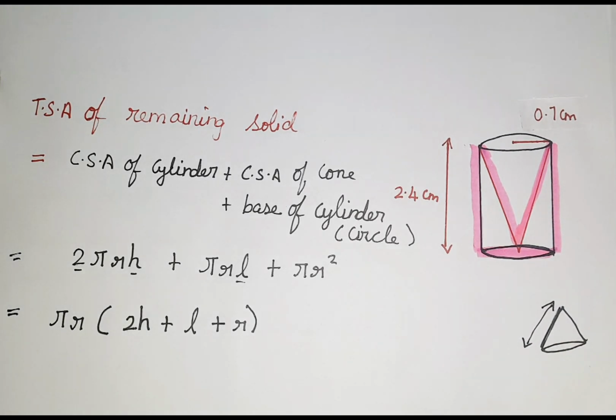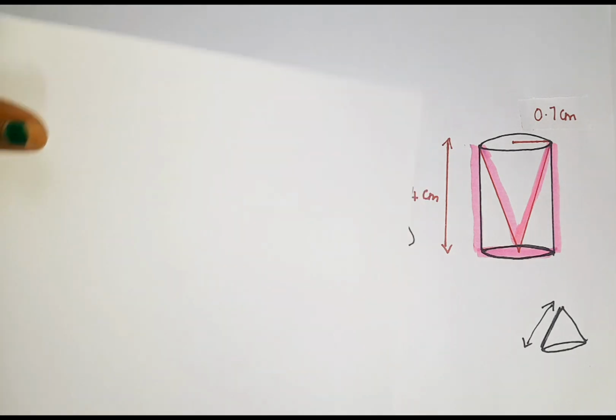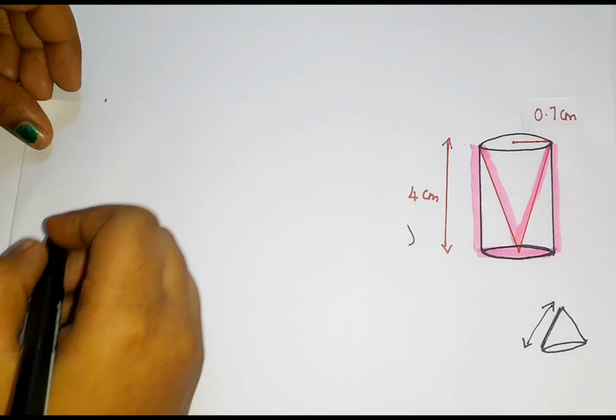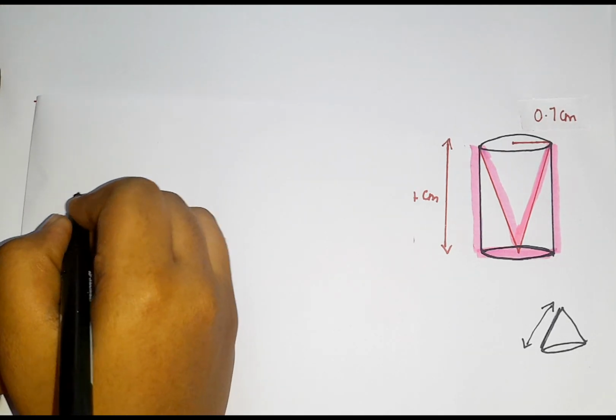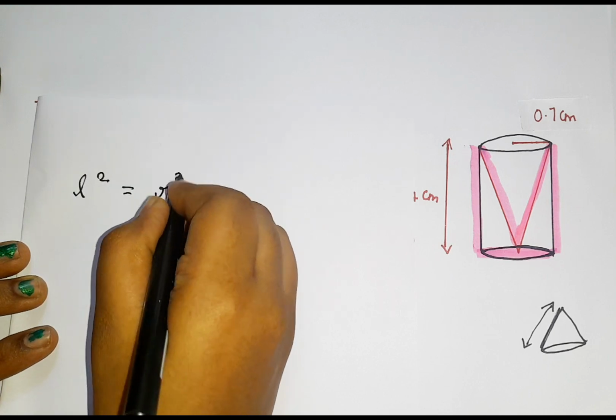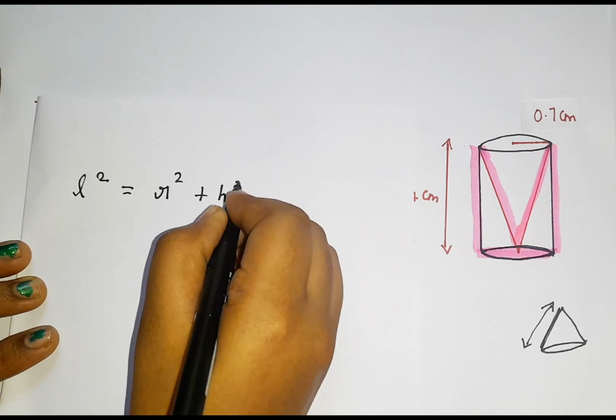Alright, so now how to find L? To find L, I told you guys there is a formula. So let us apply the formula. The formula is L square is equal to r square plus h square.